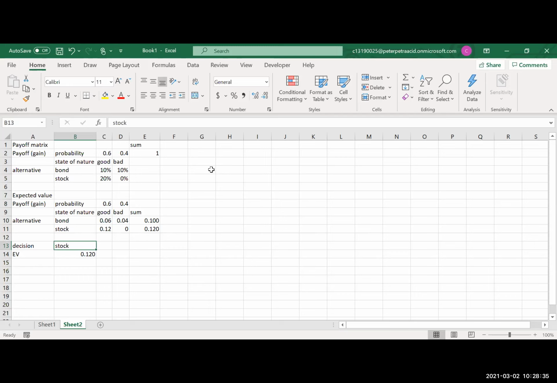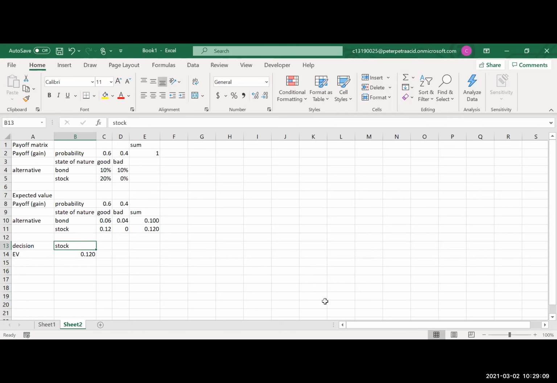What is the threshold probability, say at 0.5 or at 0.6, where suddenly the decision will change from alternative 1 to alternative 2? So you need to compute the sensitivity analysis of your decision.